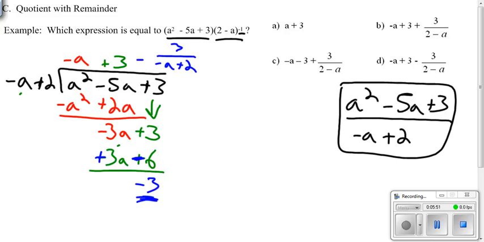So our answer is going to be negative a plus 3 minus 3 over negative a plus 2, which again, if we wanted to rewrite that, we can say that that is going to be 2 minus a. And this one seems to match up, negative a plus 3 minus 3 over 2 minus a with D. So in this case, our answer is D.